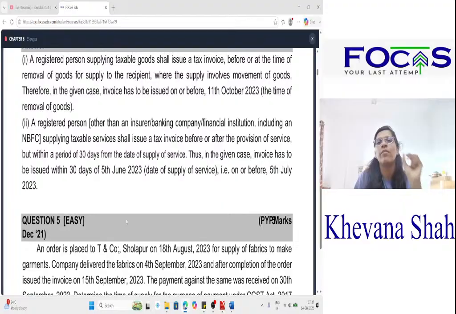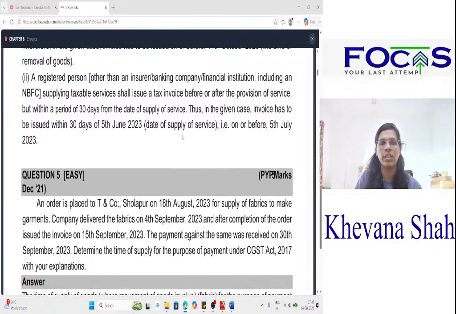So within 30 days from this 5th of June, you should be issuing your invoice. So in the given case, invoice has to be issued within 30 days of 5th of June, that is your date of supply of service. So you should be issuing an invoice on or before 5th of July 2023.